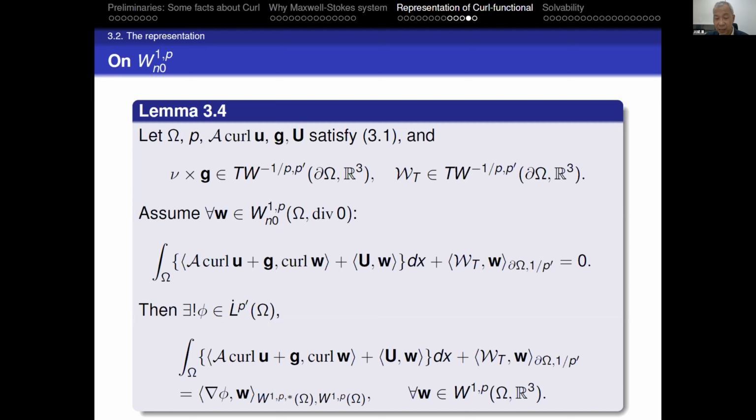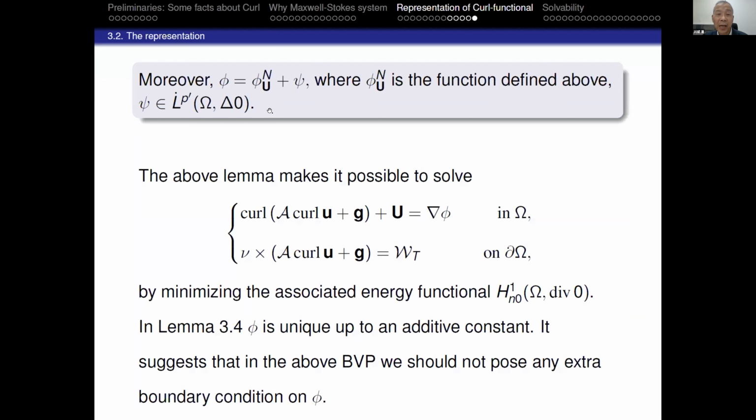In other words, this functional can be represented by the gradient of phi, and we know more about this phi. Actually, this phi can be written as phi_U^N, which we defined before as the weak solution of the Neumann problem, plus psi, where psi has Laplacian equals 0 in the weak sense.